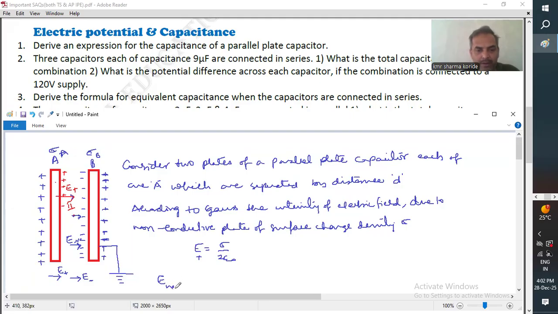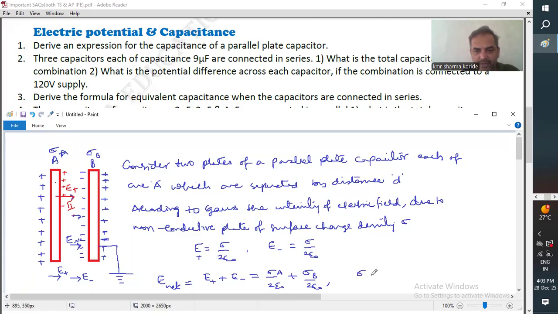Keeping that in mind, E net between the two plates is E due to the positive plate plus E due to the negative plate. Whether it is the positive plate or the negative plate, the expression remains the same: sigma A by 2 epsilon naught, since the surface charge density of the first plate is sigma A, plus sigma B by 2 epsilon naught.